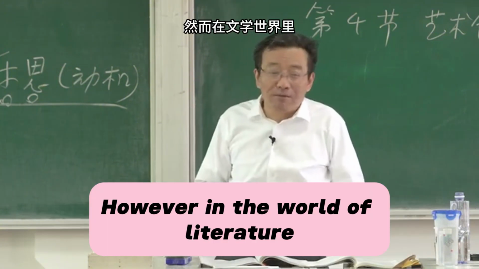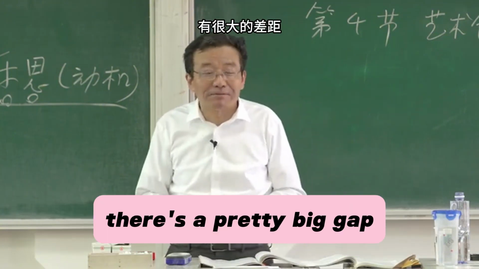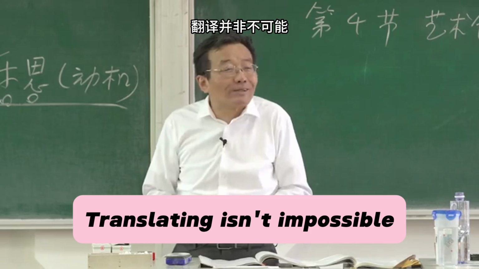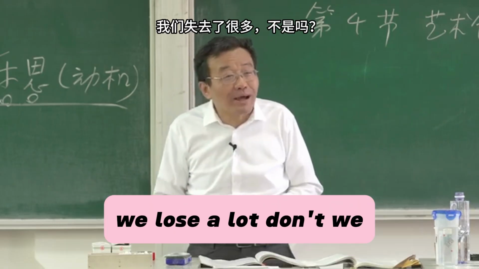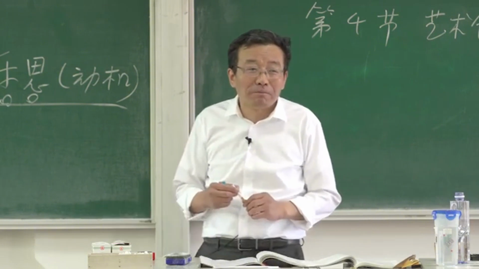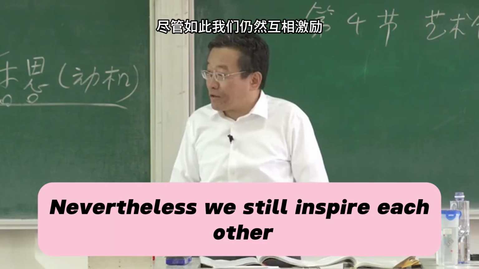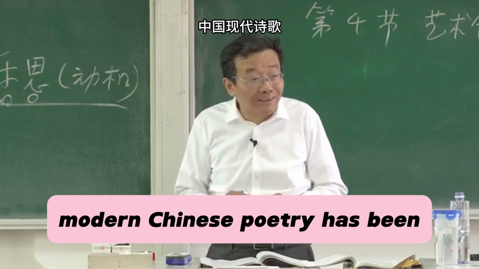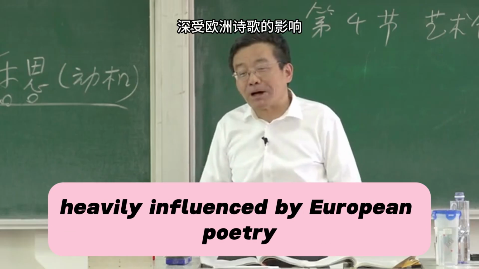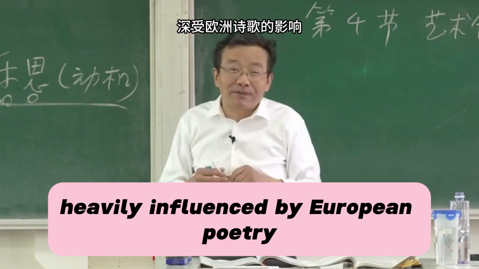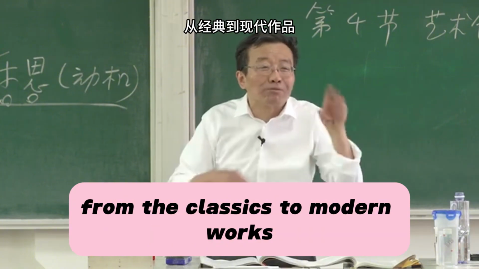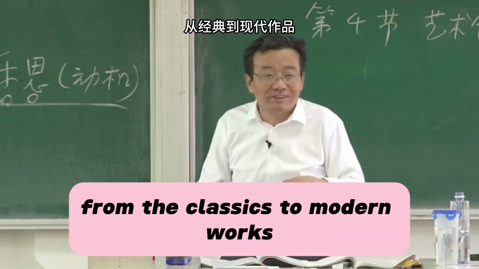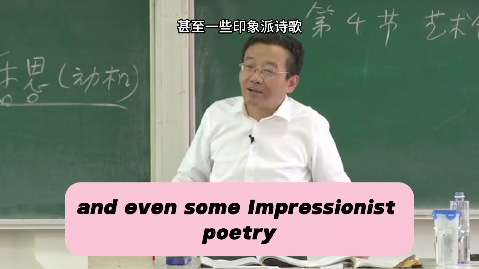However, in the world of literature, there's a pretty big gap. Translating isn't impossible, but when we translate a Tang poem into English, we lose a lot, don't we? Nevertheless, we still inspire each other, just like how modern Chinese poetry has been heavily influenced by European poetry. We've translated a bunch of European poems, from the classics to modern works, and even some impressionist poetry.